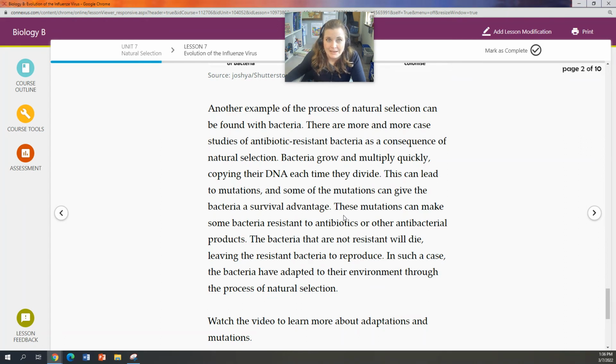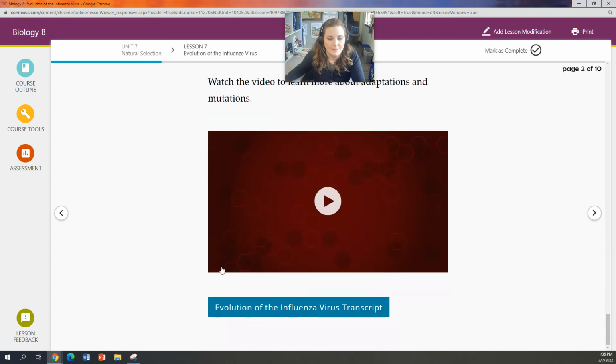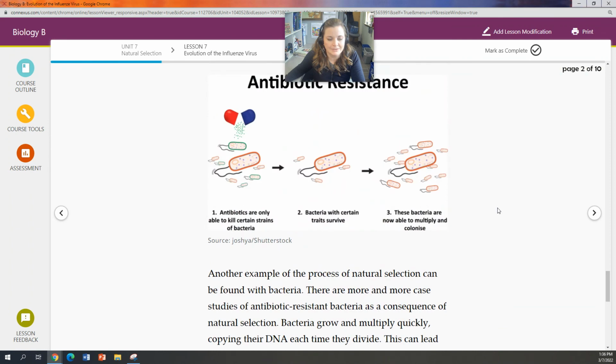These aren't new bacteria strains. They've always existed, but they've become more dominant. And in some cases, I take it back, there's probably some new ones through mutations as well, right? But that's kind of why antibiotic resistance is a good example of natural selection.